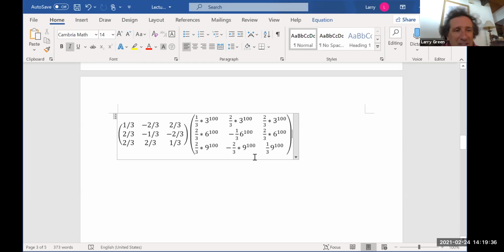Okay, now the next one's a little messy, but you could do it if you had to, right? But imagine trying to take the original matrix to the 100th without this theory. Do you know how evil that would be? Do you all agree? Even if you let a computer do it, imagine doing this in some kind of fantasy computer game with real-time animation, and it's going to have to compute that.